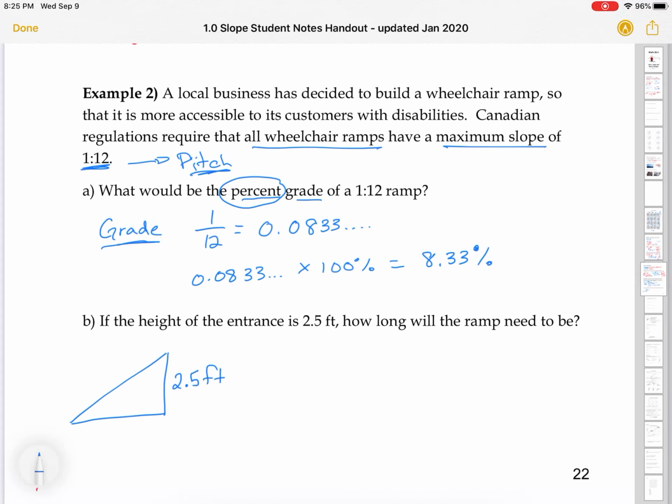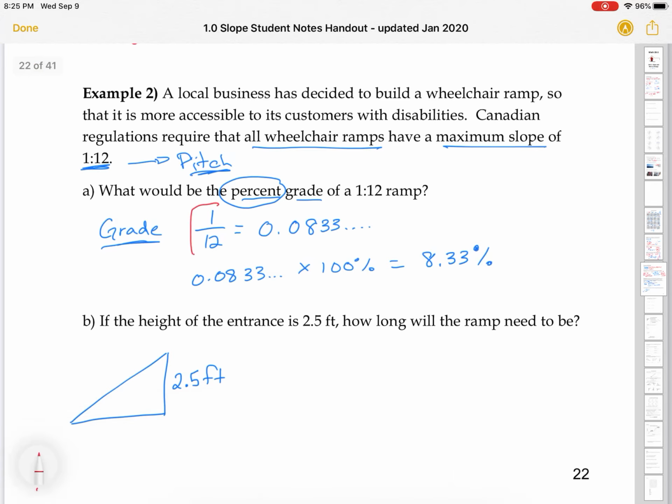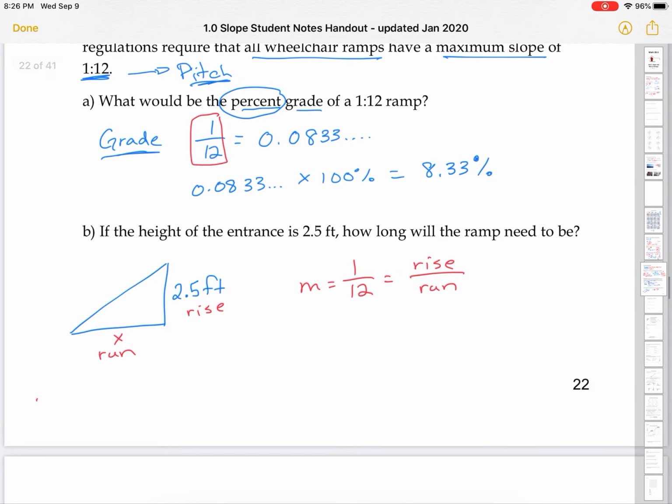If the height is 2.5 feet, and we know from our information here that the slope is 1/12, right? We know that this is equal to the rise over the run. We know that we're looking for how long it's going to be. This is our run. And our height is our rise.